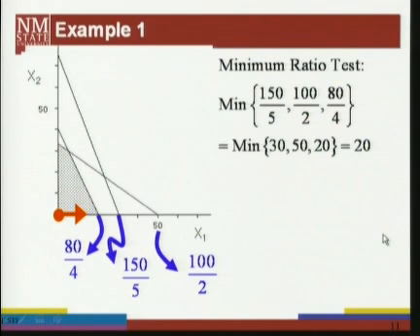So if you make a mistake in the minimum ratio test, in the next iteration, you will be outside the feasible region, which means you will have an infeasible solution in the next iteration, okay? So the minimum ratio test is very important in the simplex algorithm.